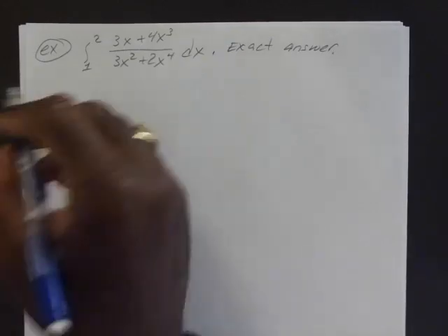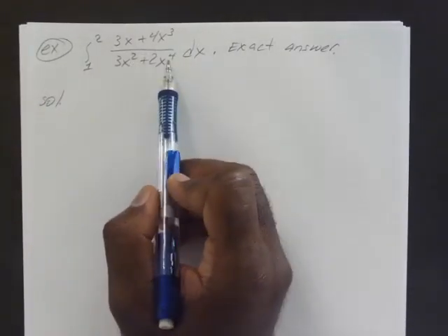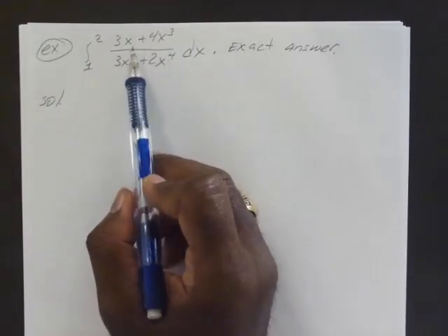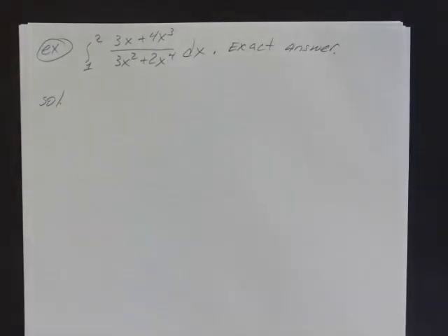So again, first thing I would notice, the exponents of our numerator are 1 less than the exponents from the denominator. So again, you can expect a natural log answer.